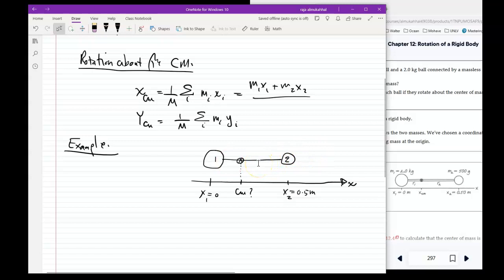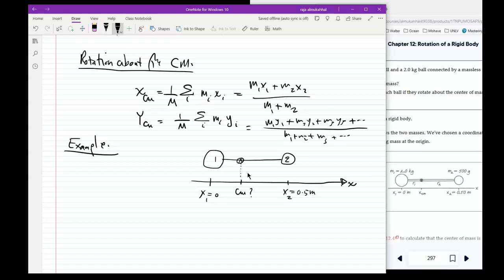He said the rod is massless, but basically you want to add up all the masses. So that's basically the meaning of it. So it's going to be M1 plus M2. Of course, the same thing applies for the y-coordinate, so it's just going to be m1 y1 plus m2 y2 plus m3 y3, however many masses you have, over m1 plus m2 plus m3 and so on.